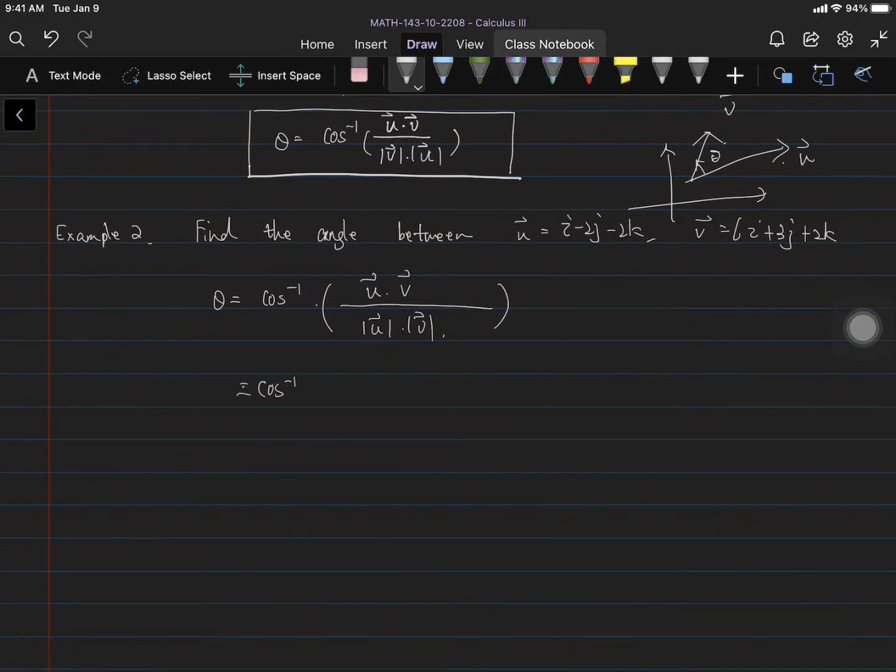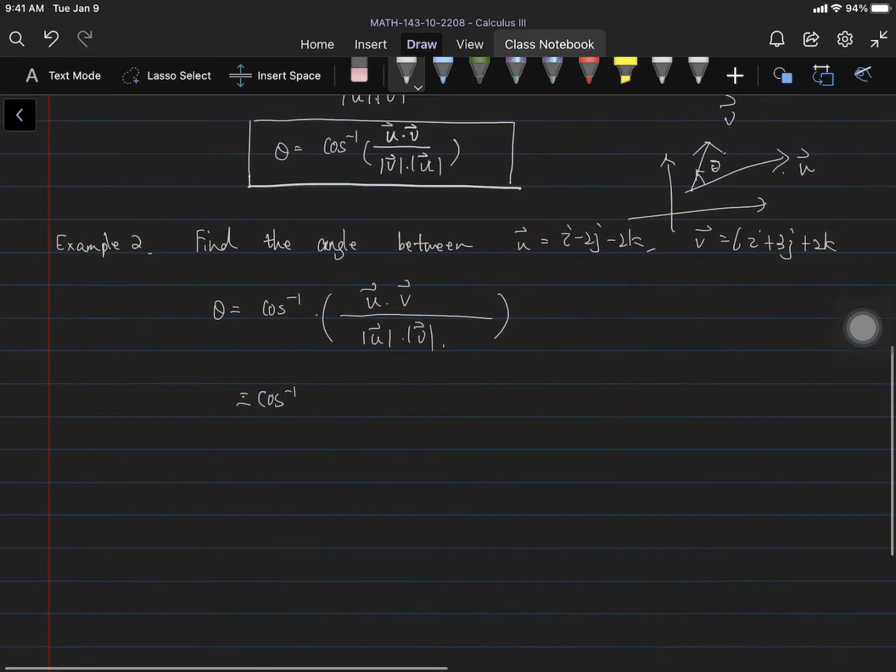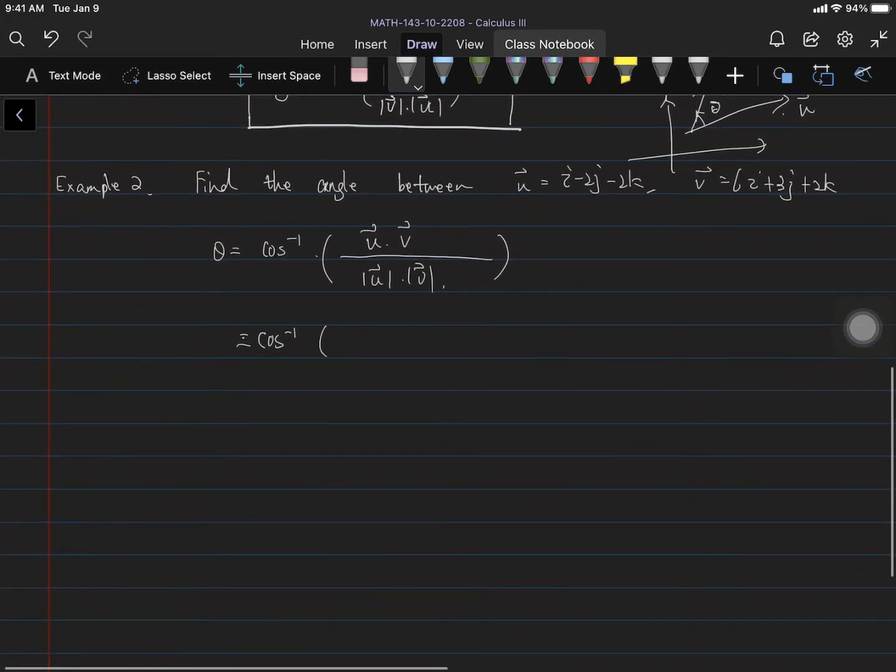We learned this in example 1. u1 v1 should be 6, minus 6, minus 4. The length of the u vector is 3, because 1 plus 4 plus 4 is 9, and the root of that is 3.